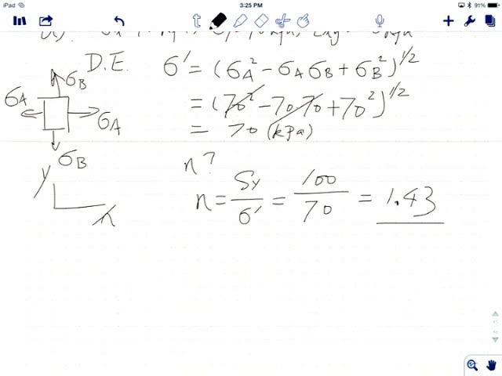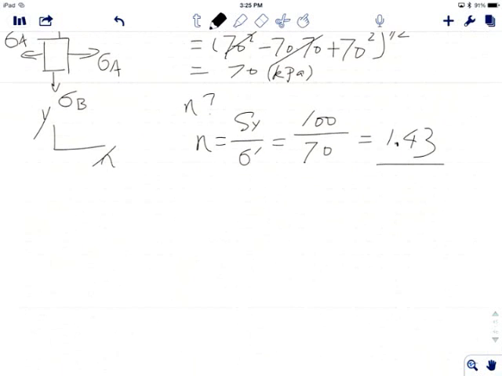Okay. Any questions so far? All right. Okay, so next, using maximum shear stress. Maximum shear stress is nothing but just trying to find the maximum shear stress existing, right?